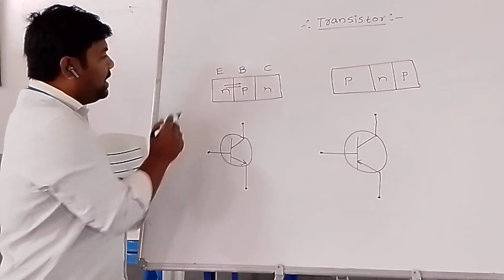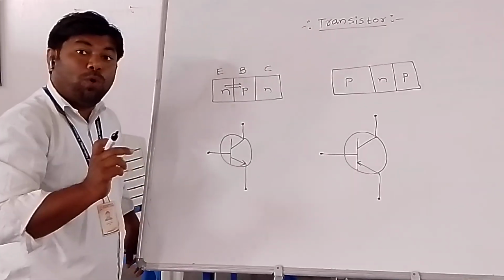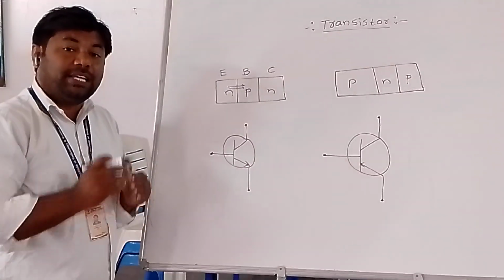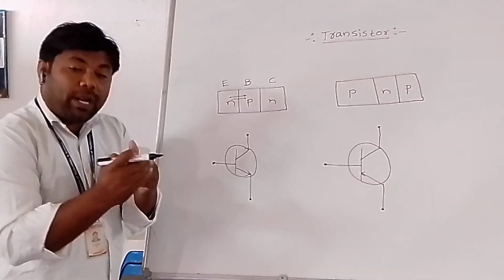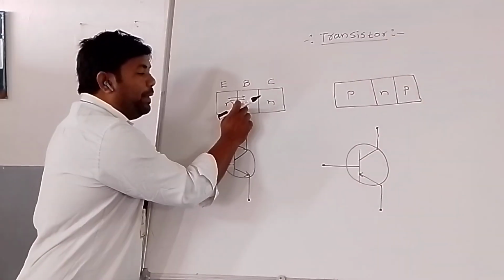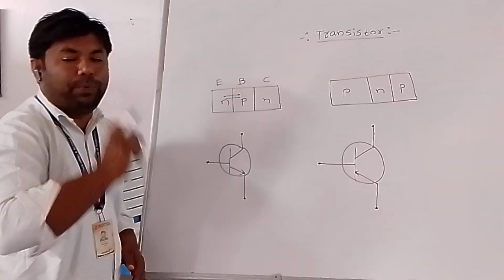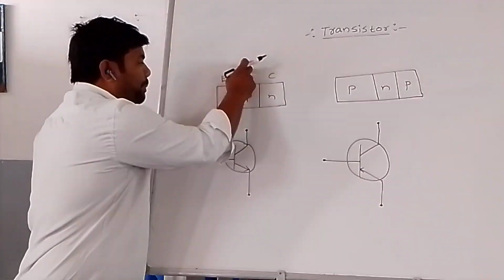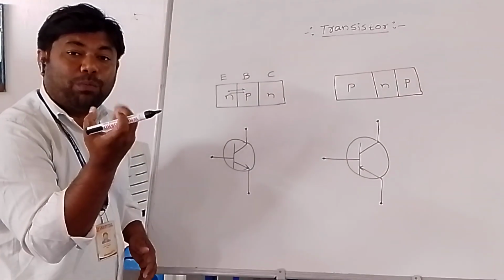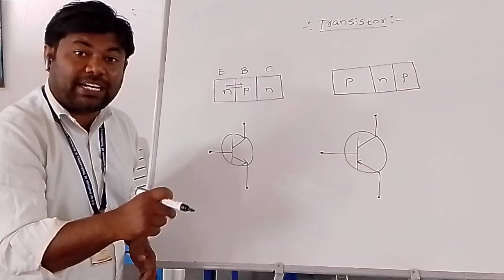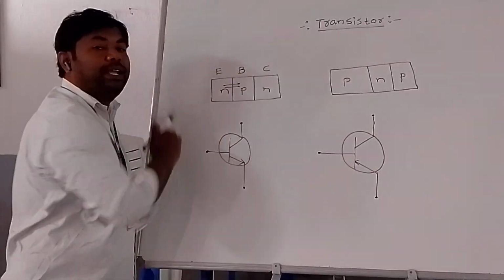So the emitter is heavily doped. That means it transfers more electrons to the base terminal. The base is lightly doped. So here the base's job is collecting electrons from the emitter terminal.